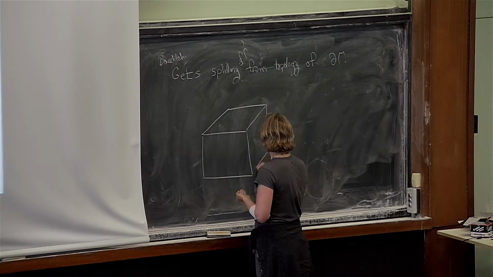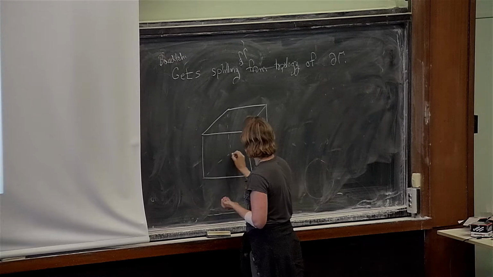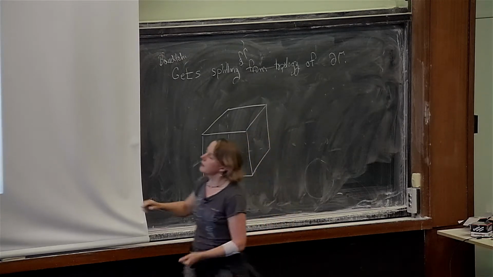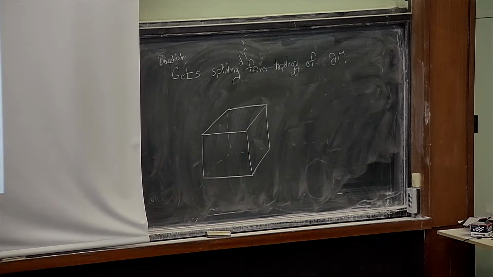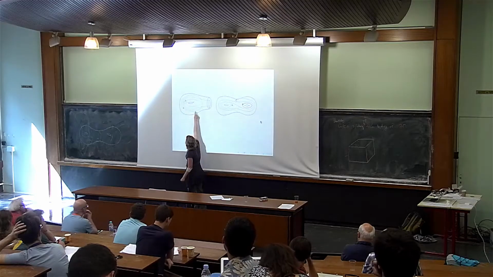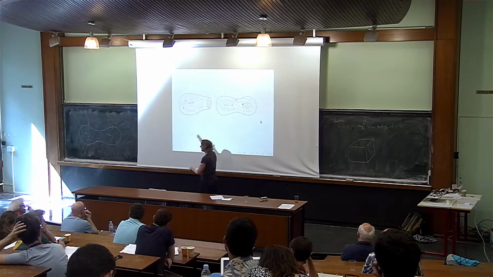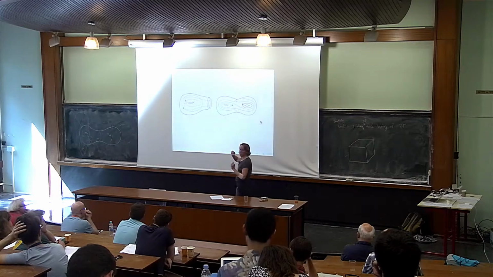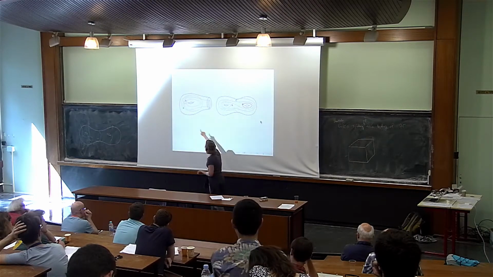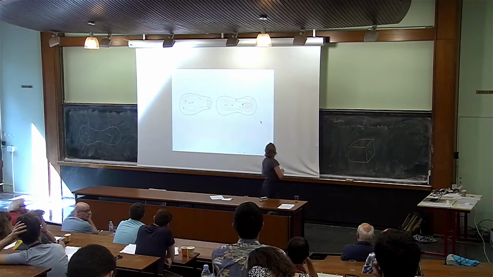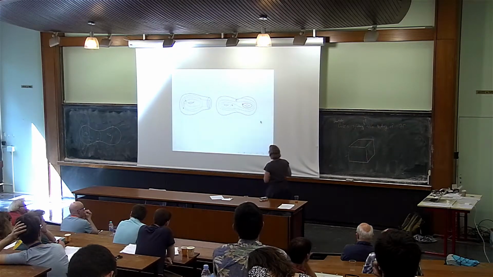So how am I going to prove that it doesn't have any splittings? What I'm going to do is double it along its boundary, not along these annuli that I glued things to. So when I double this whole manifold where I glue all these pieces together, I'm going to get some Seifert fiber pieces, which I can cut off, and then I'm going to get this rigid piece. And the double of this rigid piece is a Borromean ring.